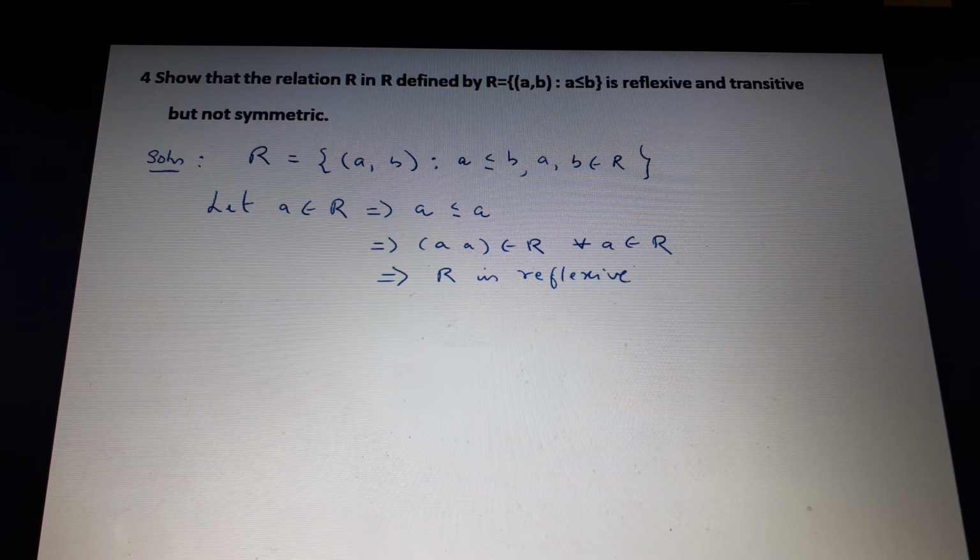Now we have to show that it is not symmetric but it is transitive. First let us prove the transitivity, then we will go to symmetric.